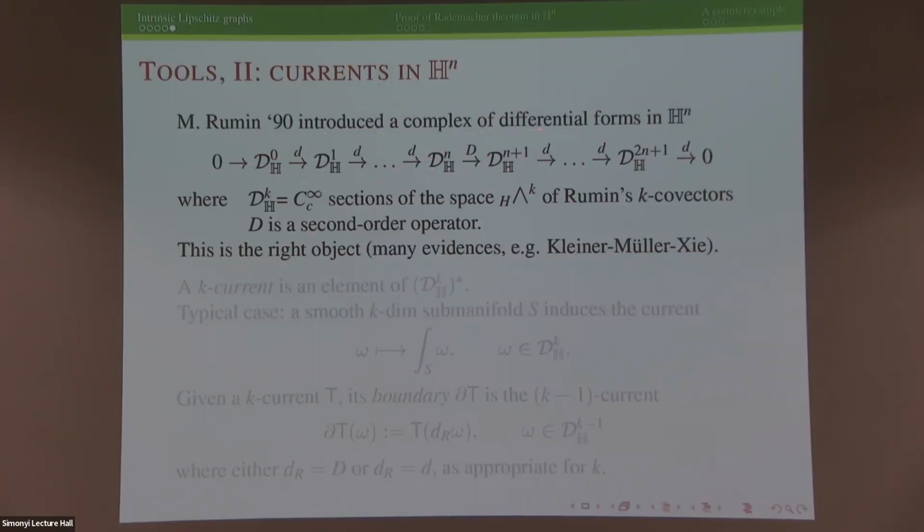And as usual, I guess that at least some of you in this audience know what currents are. A k-current is an element of the dual of the space of Heisenberg k-forms with compact support.